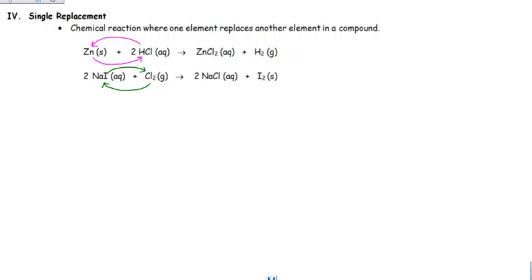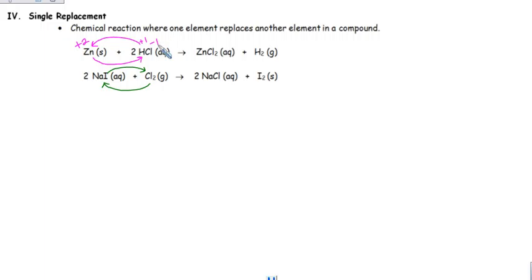Zinc is most often +2. Hydrogen is +1. Chlorine is -1. So if zinc is a positive ion, it'll replace the other positive ion. It's okay that zinc is +2 and hydrogen is +1. That's fine.